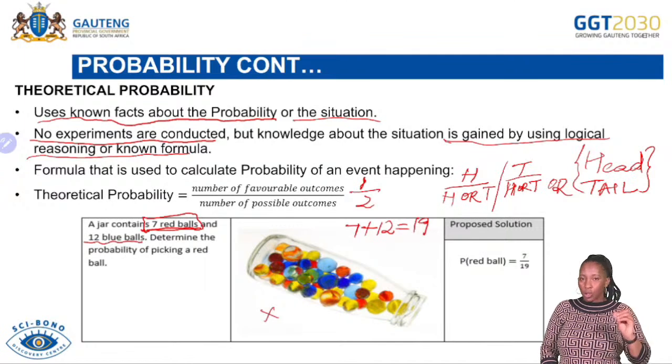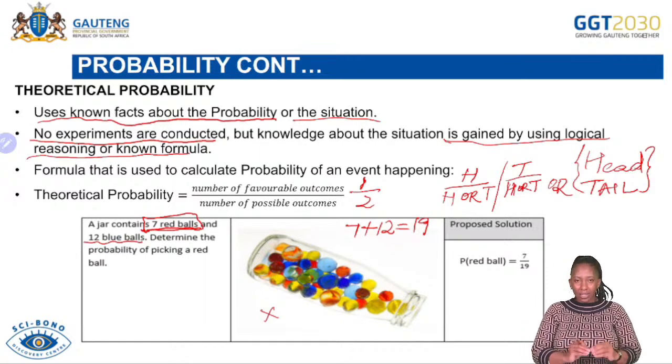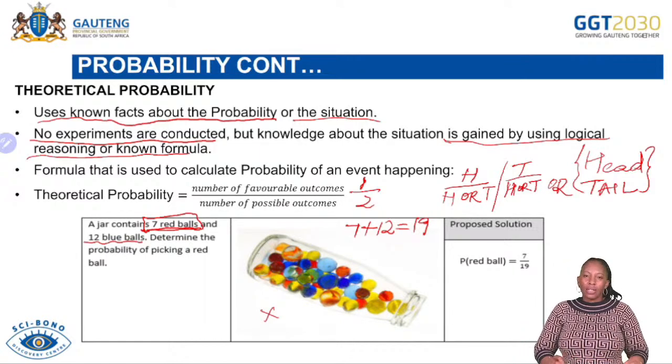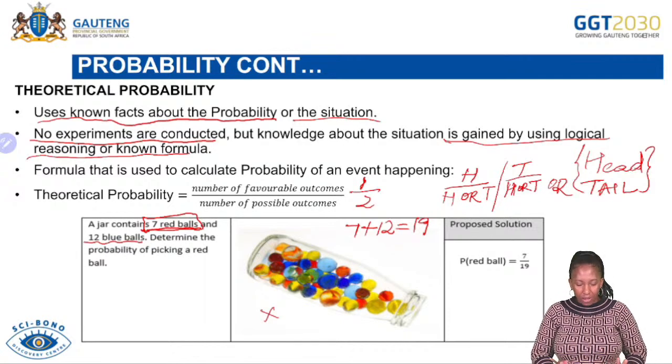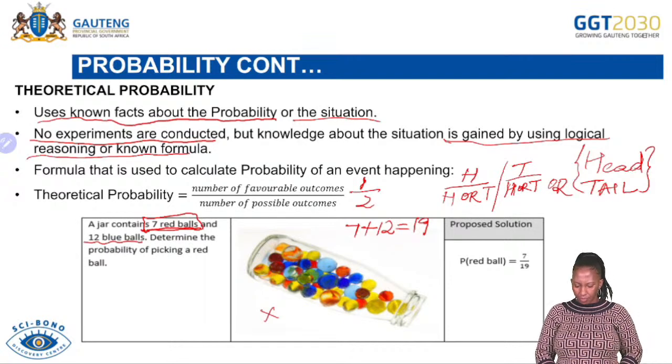Because they told us that there are 7 red balls in a jar and 12 blue balls in a jar, all in all, the number of balls in the jar is 19. But for me to get the red one, it's only 7 chances out of 19.